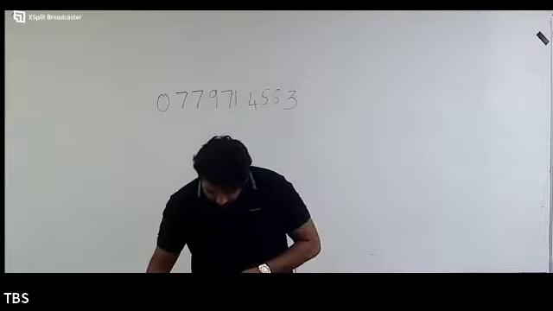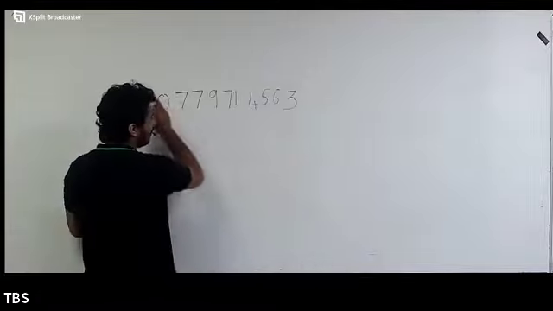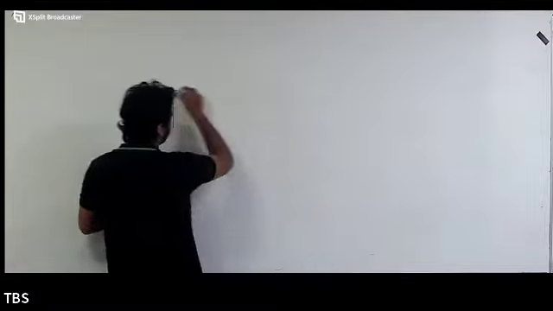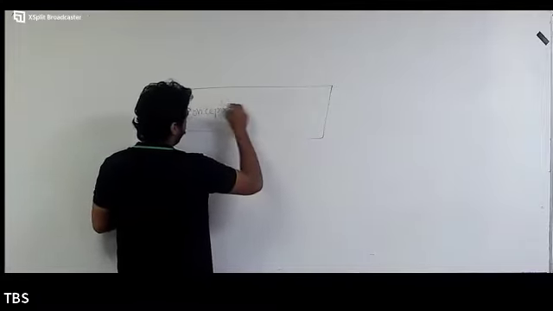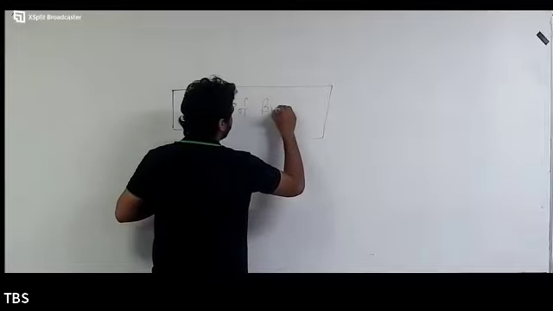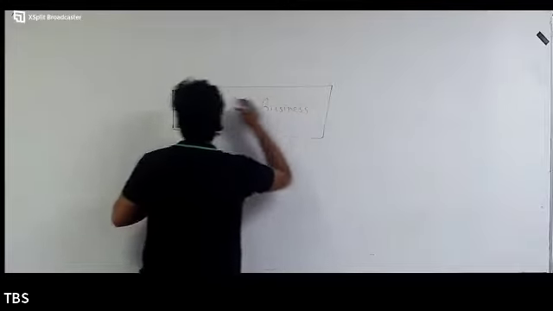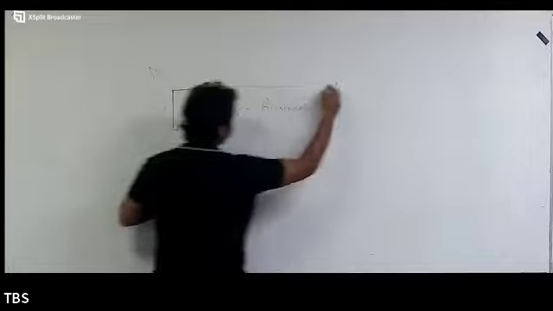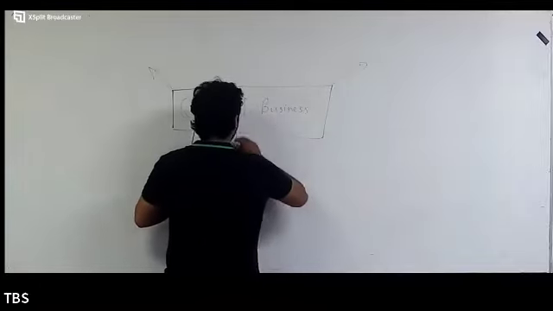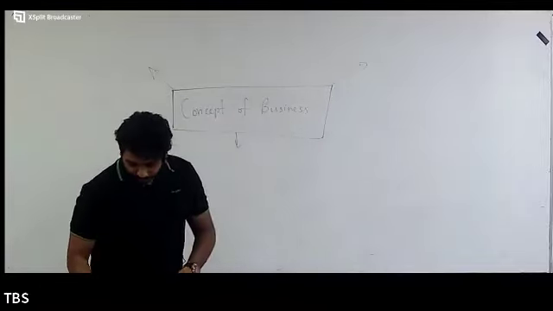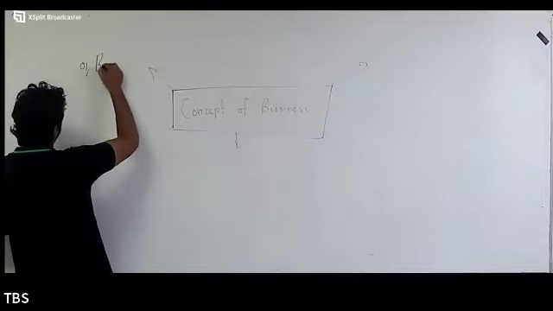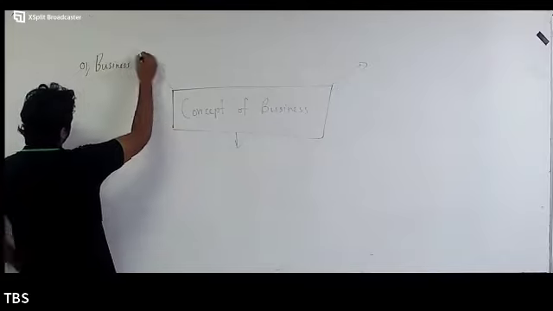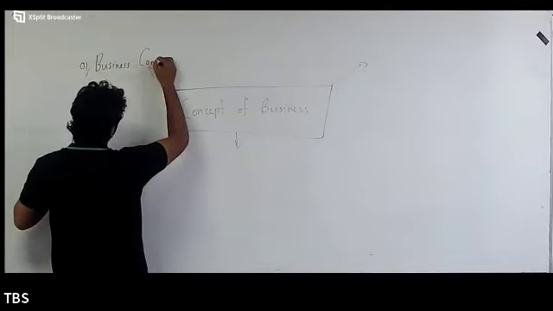So in simple terms, I gave a diagram which is something similar to this. For those who missed the trial class day 1, before we start the chapter, I give the mind map. This mind map will give you a broad idea about what you are going to learn. First key area is business concepts.